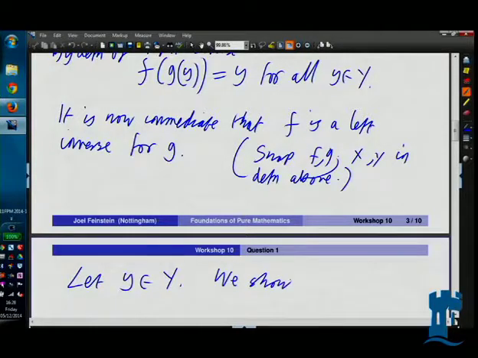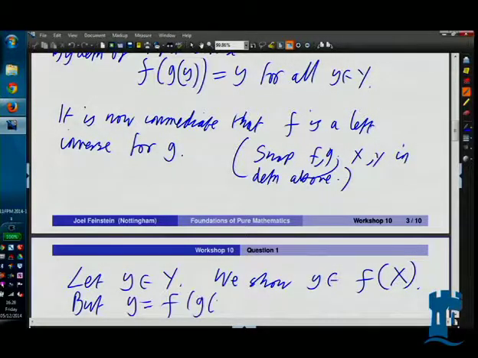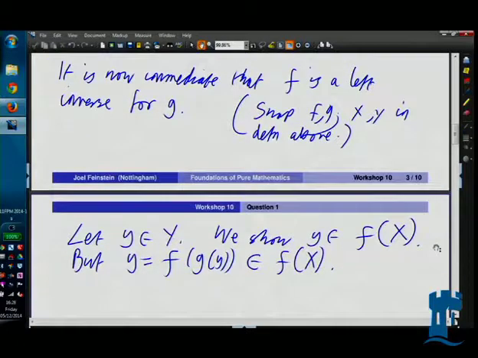Or in other words, we have to show that y is in f of X. That's to show that the thing's surjective. But y is equal to f of g of y. That's certainly f of something. So that does that one. This shows that f is surjective.